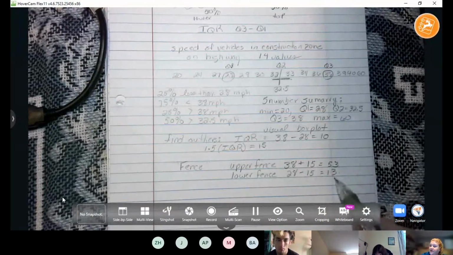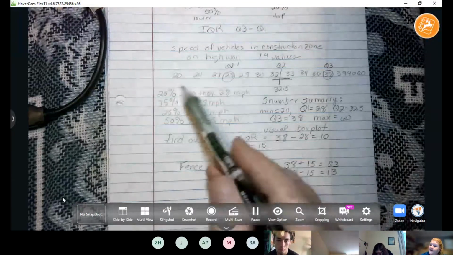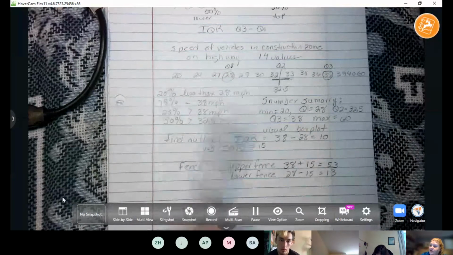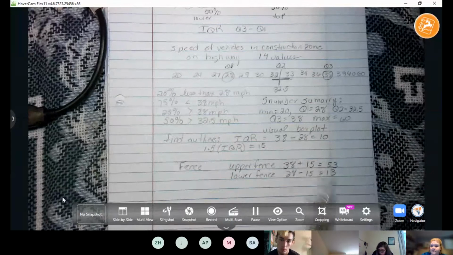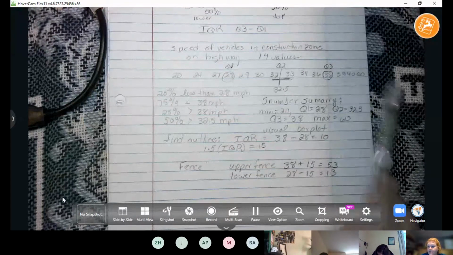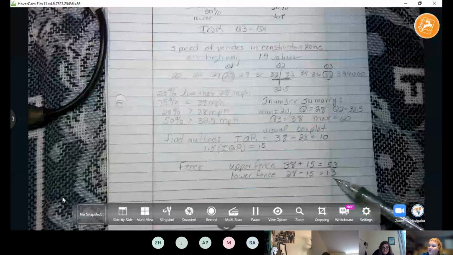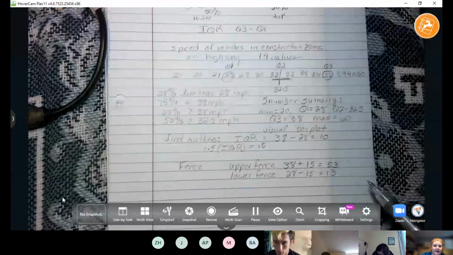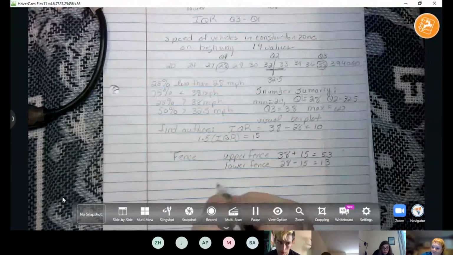But when we look at these fence values and we look at our data values, do we have data that is smaller than our lower fence? No, we don't. Do we have data that is bigger than our upper fence? Yes, we do. So if we have data that is outside of those fences, then we have an outlier. So do we have an outlier in our data? Yes.